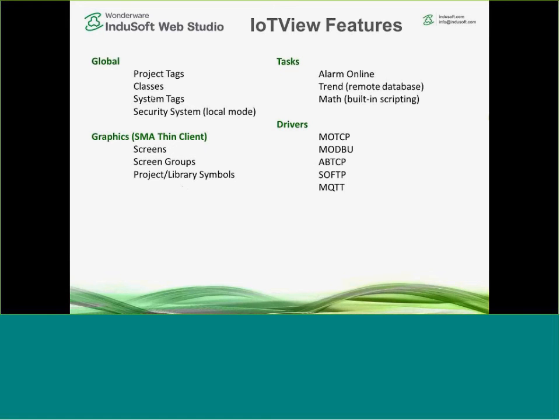Things like your tags, classes, system tags, the local security system, and tasks to be able to do online alarming and trending. The trending is a new object that we've supported in Service Pack 1. The trend tasks allow you to log to a remote database, which I'm going to try to demonstrate here in a few minutes.